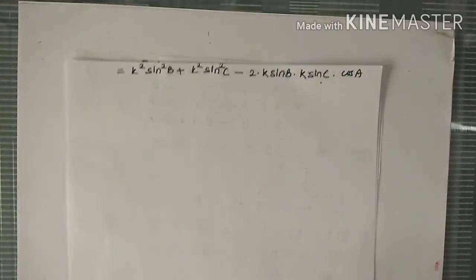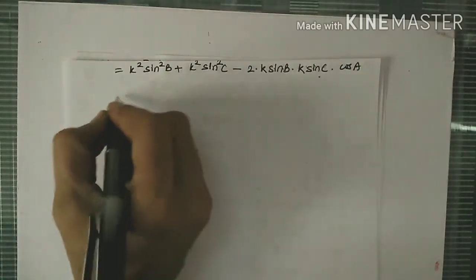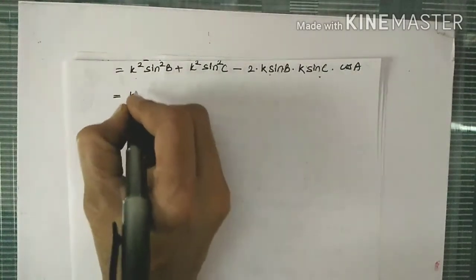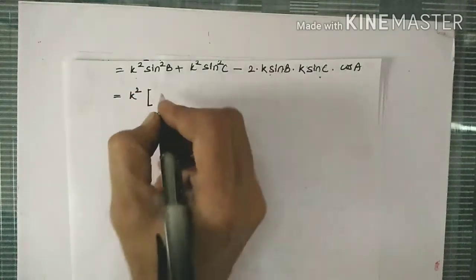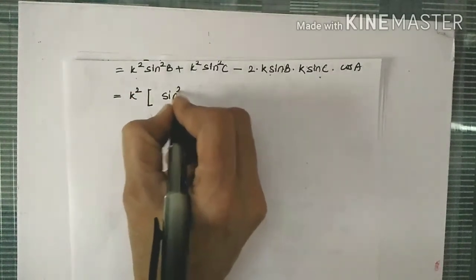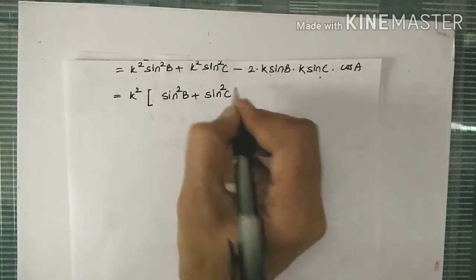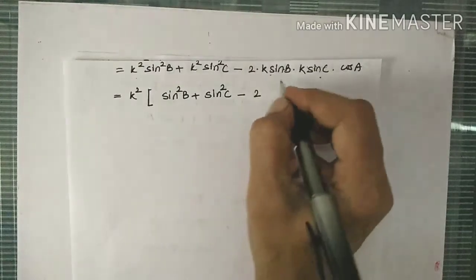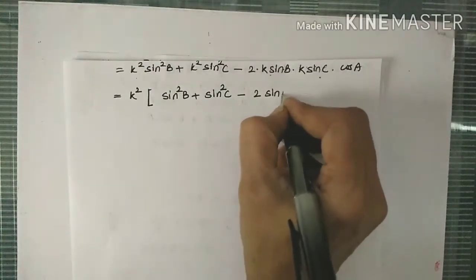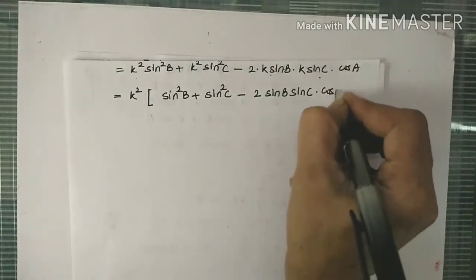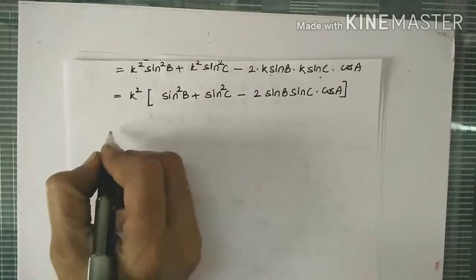So let's simplify and let's prove that this is equal to A square, that means K square sine square A. Now each term has that K square. So let's take K square common. So taking K square common, we get sine square B plus sine square C minus 2 sine B sine C into cos of A. Okay.